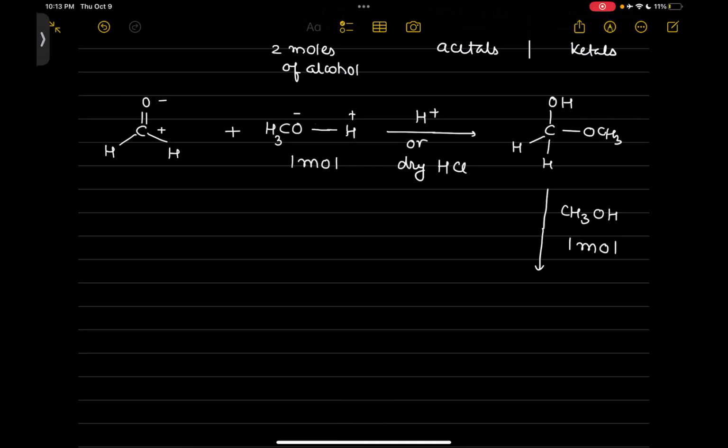What we need to do is remove water from that OH and this methanol, and put 1 more methanol on the carbon. Is this clear or not?